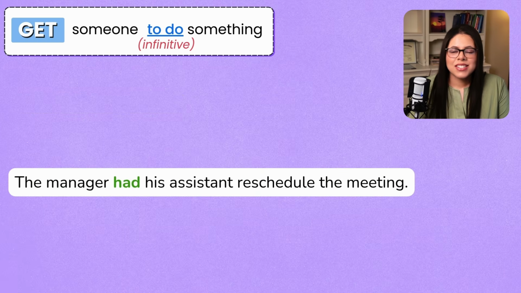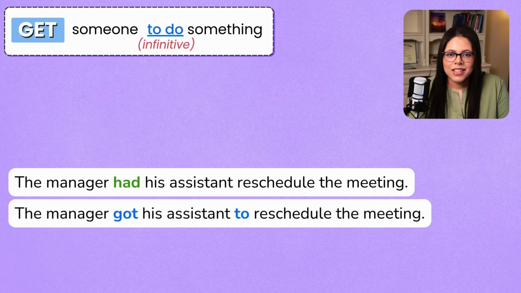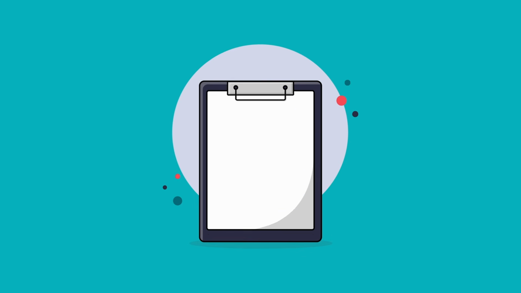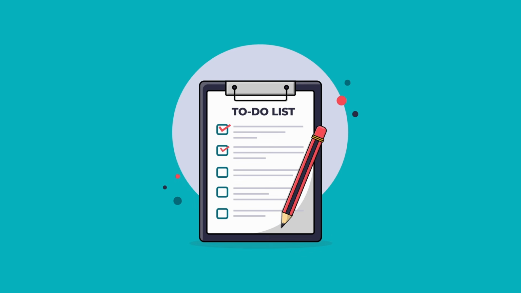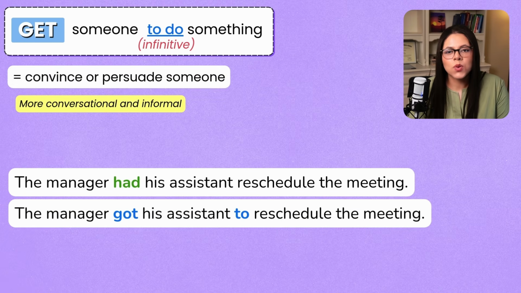So let's change this sentence from earlier. The manager got his assistant to reschedule the meeting. Had implies that this was a very simple instruction or request. Usually, if you get someone to do something, it means you convince or persuade someone to do something.